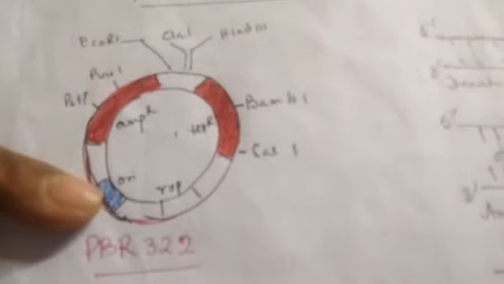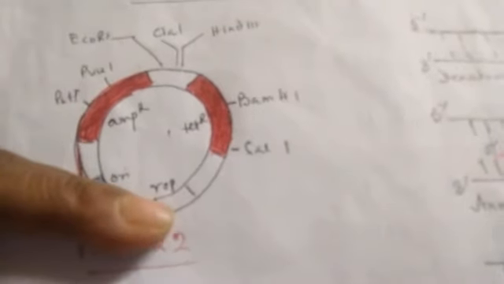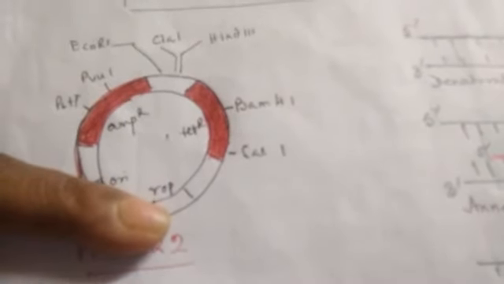Next, it has ROP, the proteins required for replication. This gene is also there, from where it can produce the proteins which are required for its replication.